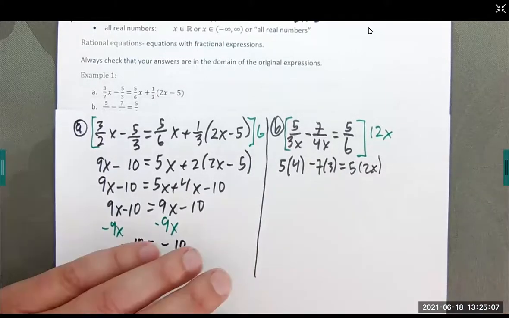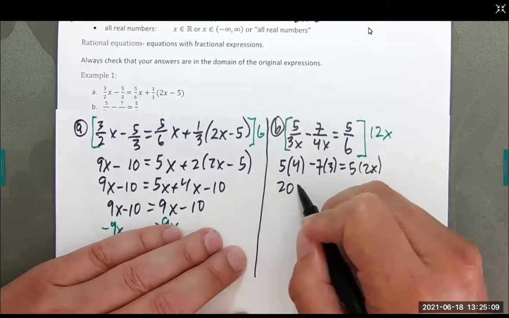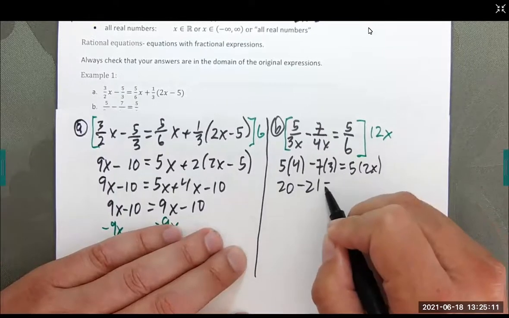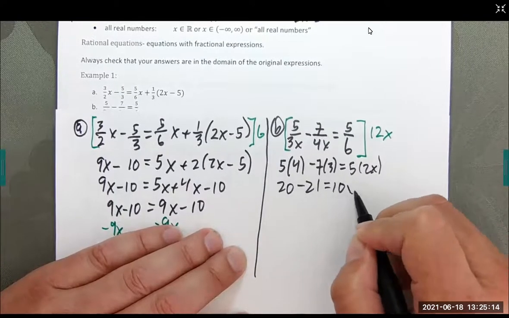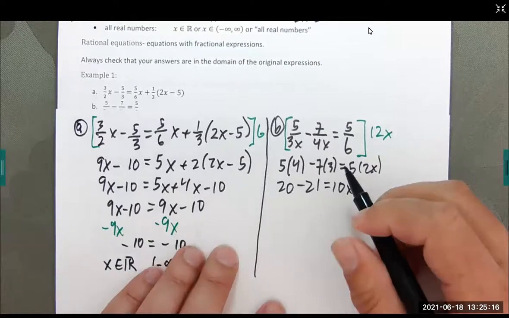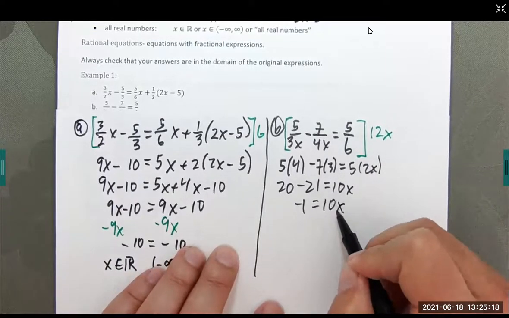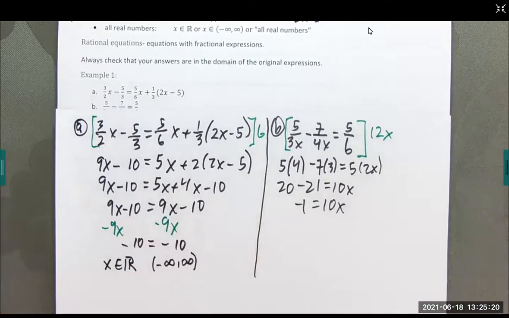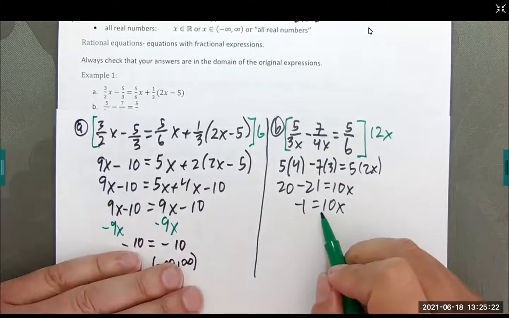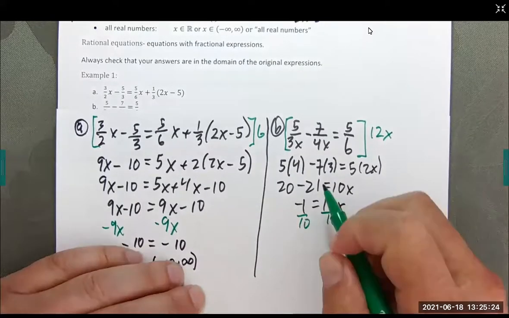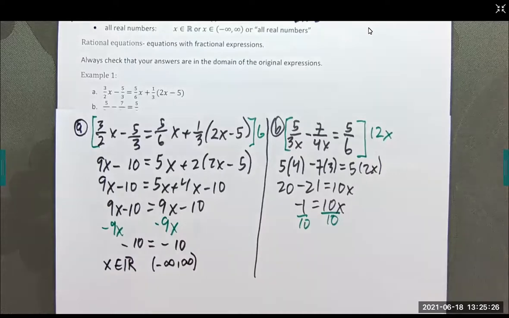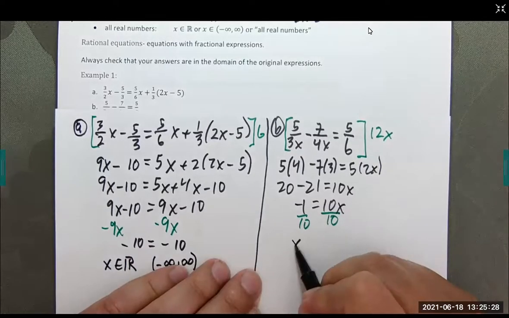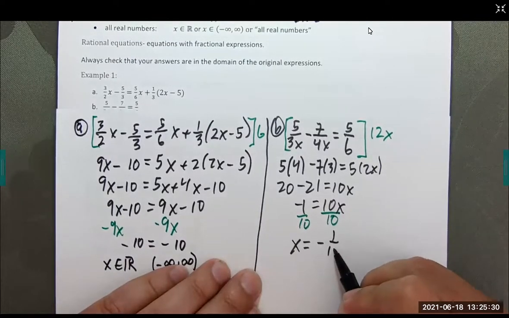So let's clean this up a little. We got 20 minus 21 equals 10x. Negative 1 equals 10x. Divide both sides by 10. Tells us that x is equal to negative 1/10.